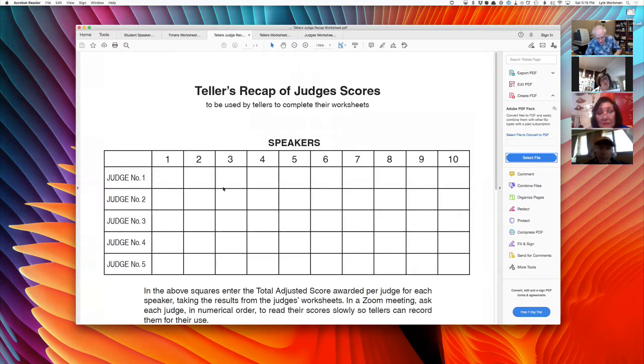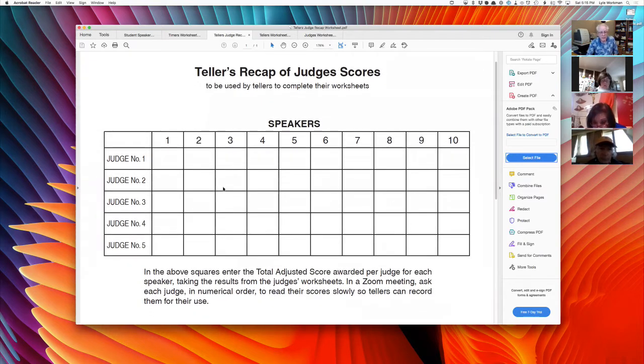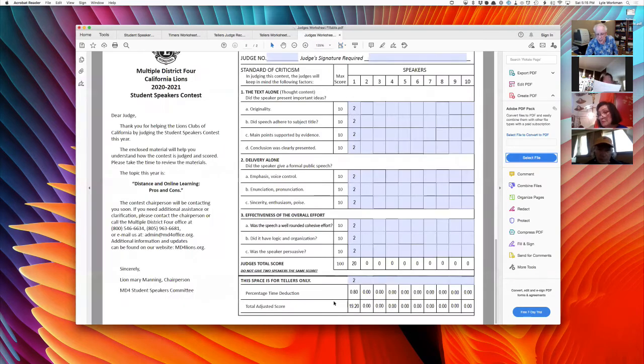What's going to happen next, as referred to in the second box in the right-hand column, in numerical order, the judges, we should have 3, announce their scores for each contestant. So judge number 1 says his score for speaker 1, speaker 2, and speaker 3. This form is designed to be filled out by hand by the teller. All they do is write the numbers that the judges give them from the bottom line on each judge's scorecard.